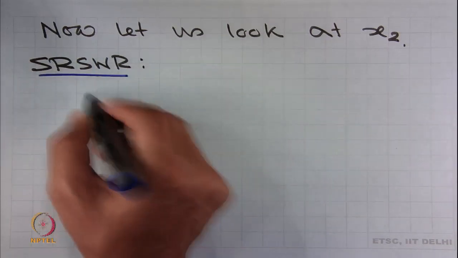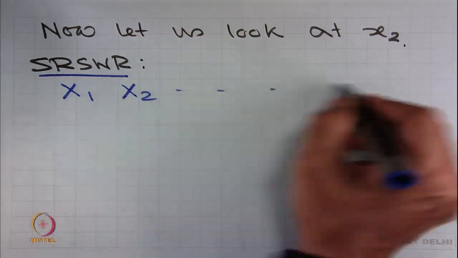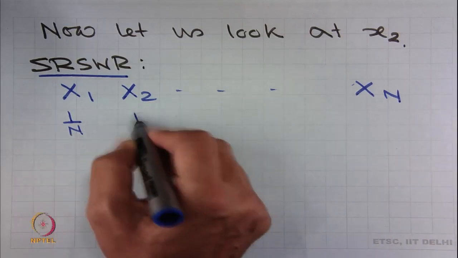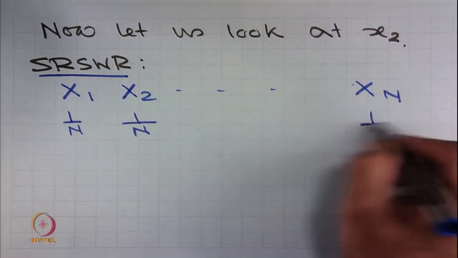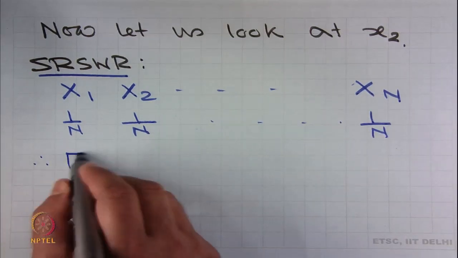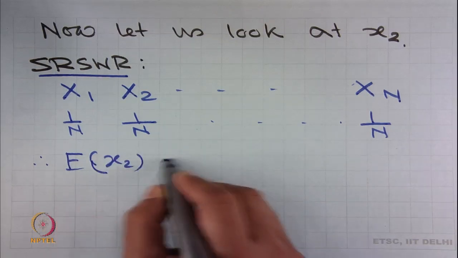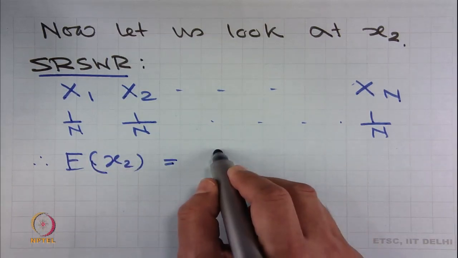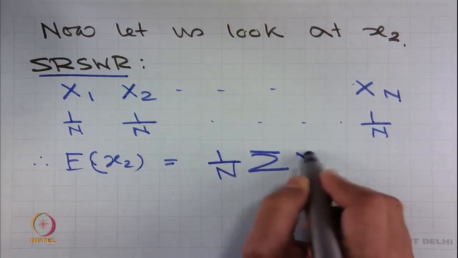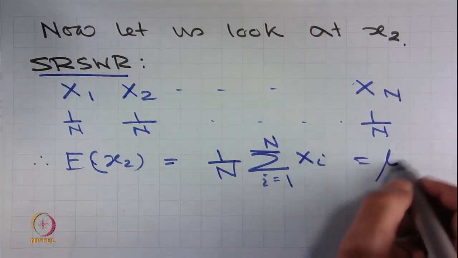So, for SRSWR I again have all x1, x2, ..., xN, and they are all equally likely. All of them will have the same probability 1 by N, and therefore the expected value of X2 is again 1 by N into the sum of xi, i equal to 1 to N, which is equal to mu.